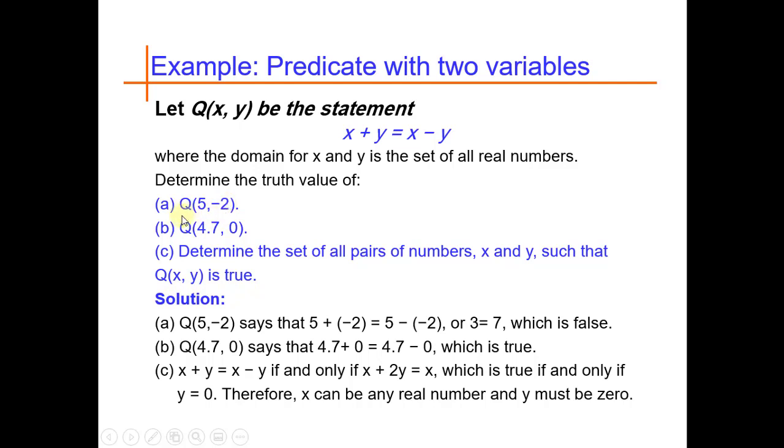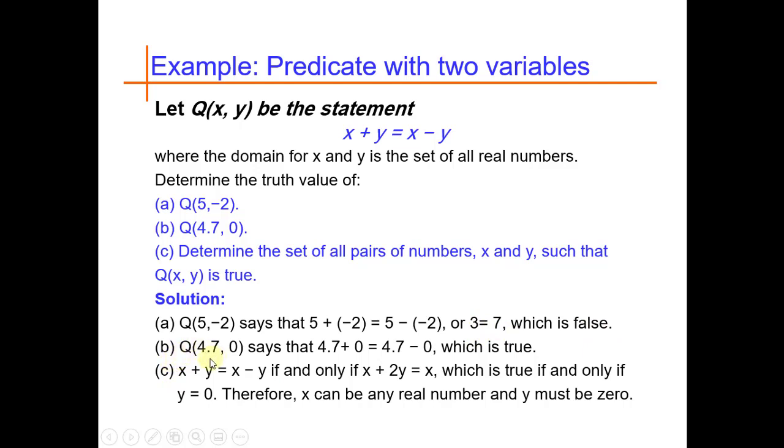So for part a, we need to put 5 and minus 2 in place of x and y and check whether the equality holds or not. So when we choose Q(5, minus 2), we put 5 plus minus 2 is equal to 5 minus minus 2, and here we get 3 is equal to 7, which is false.